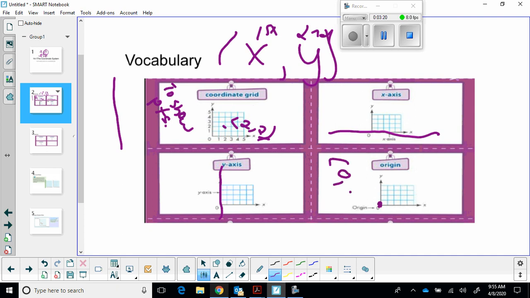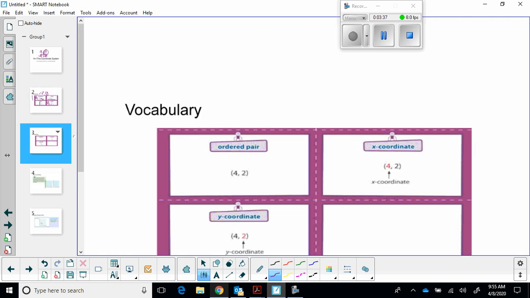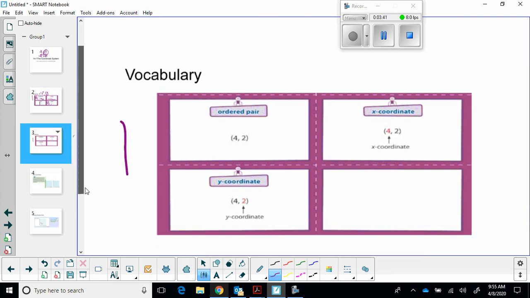And the ordered pair of the origin, and I'm telling you this because you may see this on your post-test, you saw it on your pre-test, the ordered pair of the origin is 0, 0 because both the x and the y-axis intersect at 0. Our next vocabulary slide is ordered pair, and your ordered pair is what locates a point.